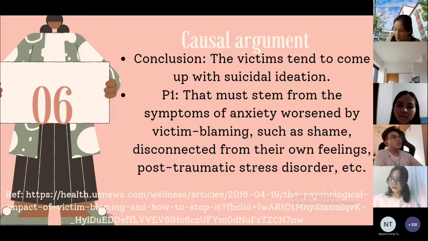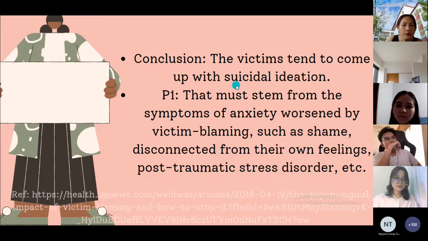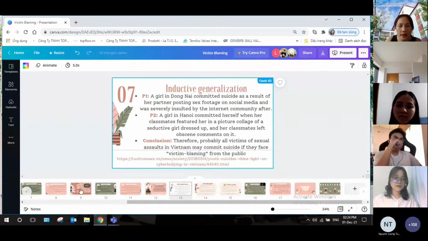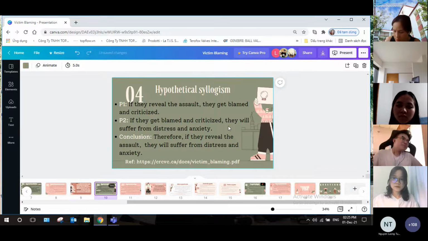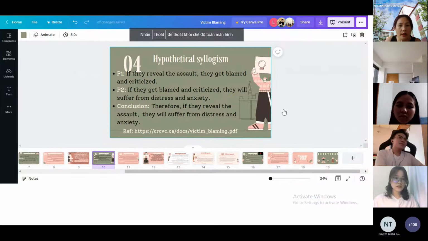Okay, and also similar with the Luang example, the argument is too specific to make an authority. The hypothetical, please go up the 2 slides to the hypothetical. You said they. Who is they? Who are they in this statement? Go down to the 4th. They, who?